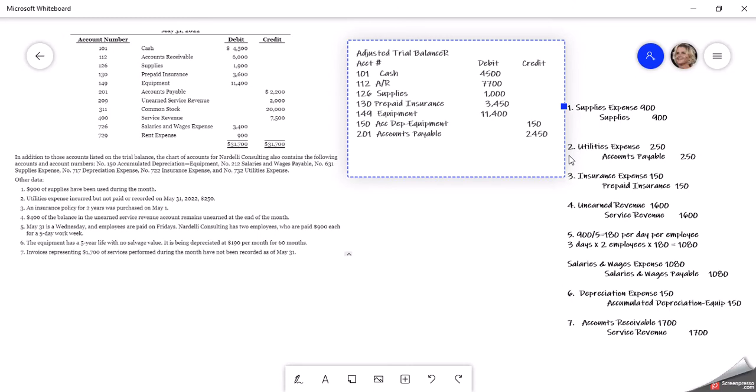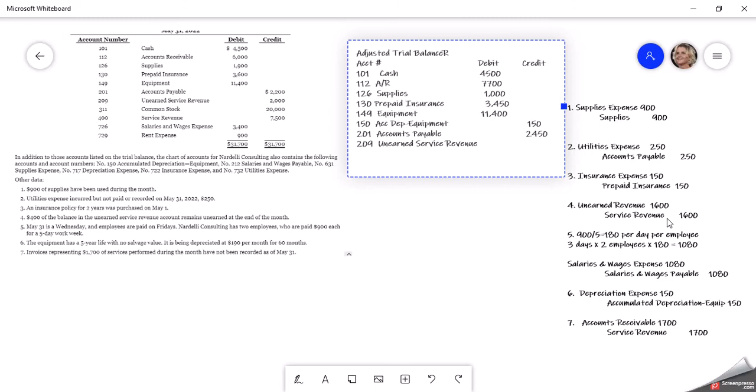Now then our next one is unearned service revenue 209. All right, so 209, unearned service revenue. And then that we adjusted, so it started at $2,000, but then we estimated that it really should be a balance of 400 as of the end of the year, which means we earned 1,600.